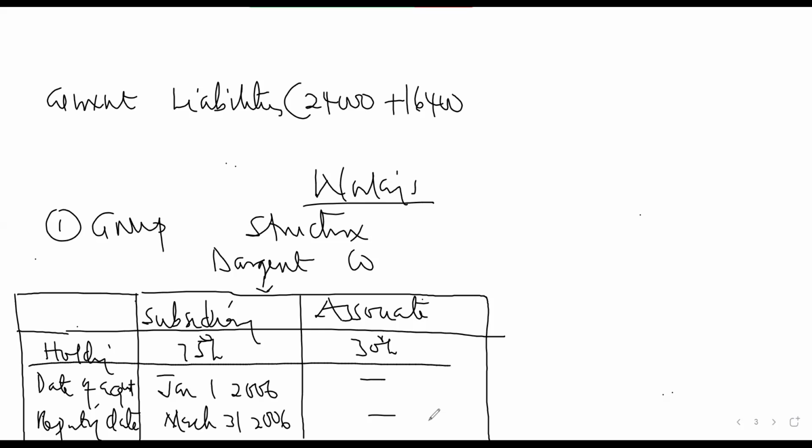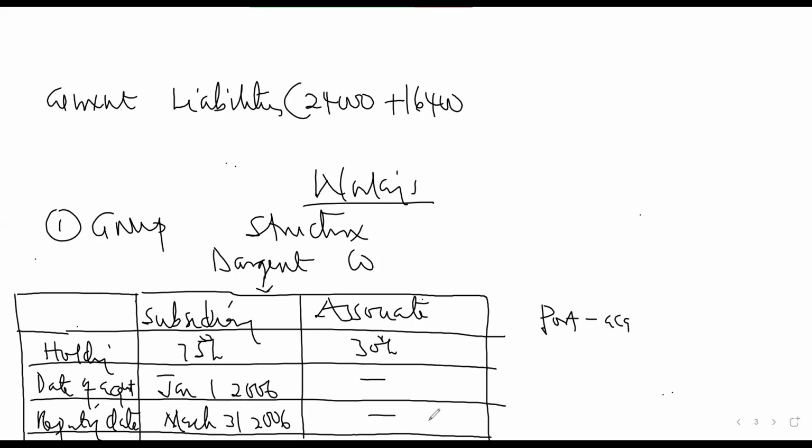That will be 3 months. The post-acquisition period is from the date of acquisition to the reporting date. How many months or how many years is that? You can just put it over here. Post-acquisition period will be 3 months for these people, and the other people we don't know.